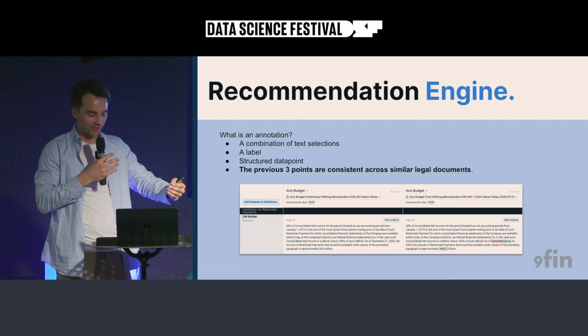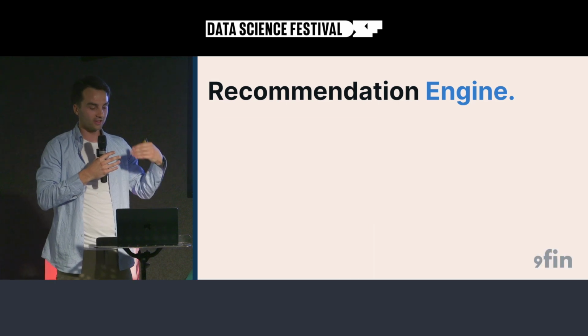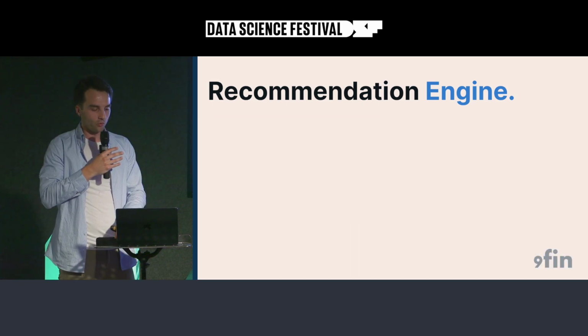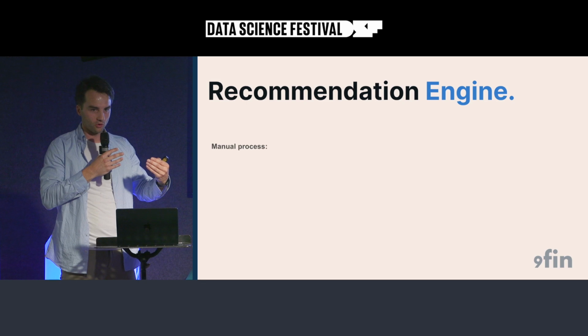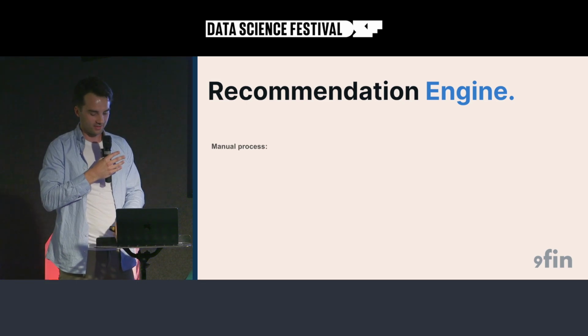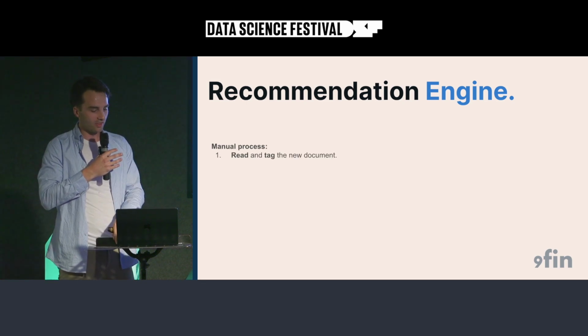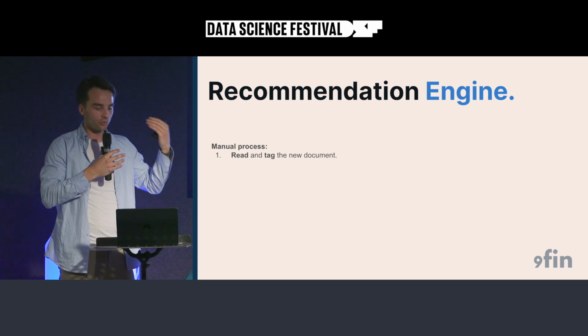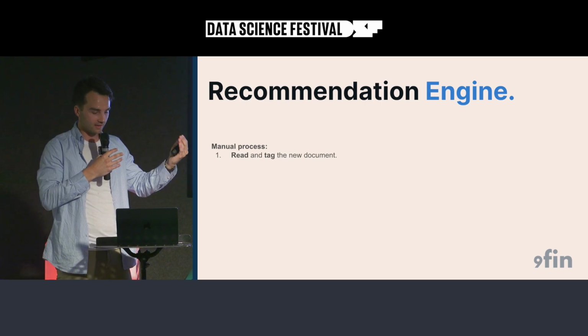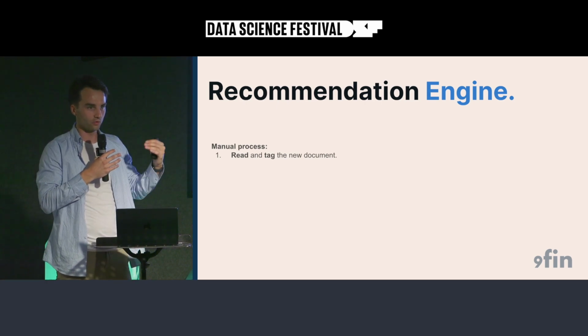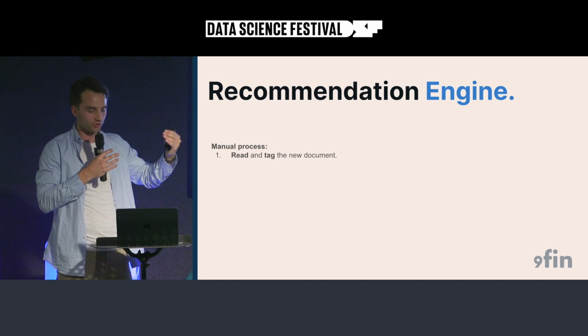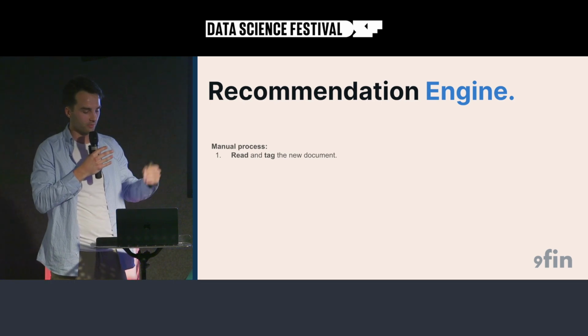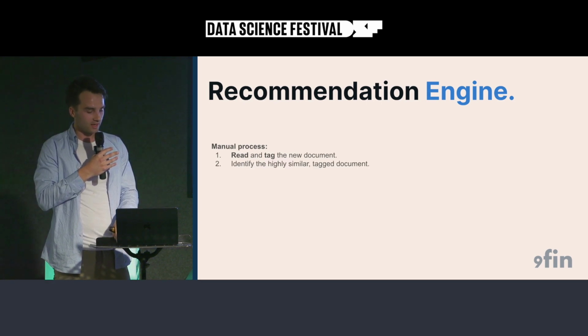And then when we went one step further and tried to automate the creation of these annotations, we really analyzed the manual workflow to create these annotations. The manual process is, like I said, they read and they tag the document as they go through up to 100 pages of a legal section of an offering document. They come up with some tags.